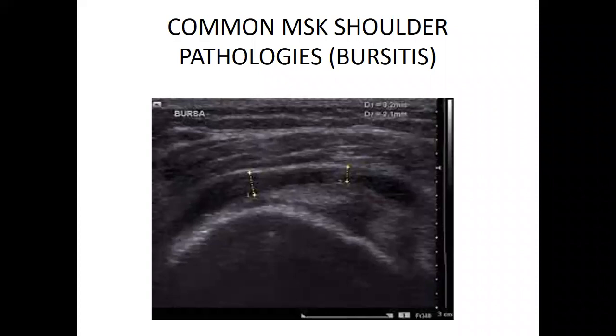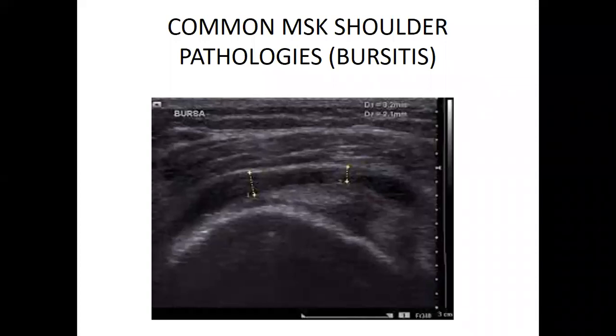What are some of the common pathologies that we find? This here is the bursa. You pick this in the anterior compartment. The anterior compartment is going to demonstrate the pathologies within the subacromial subdeltoid bursa.